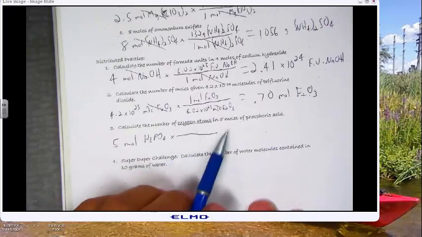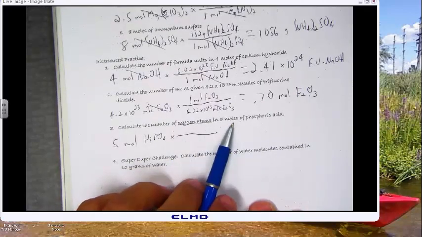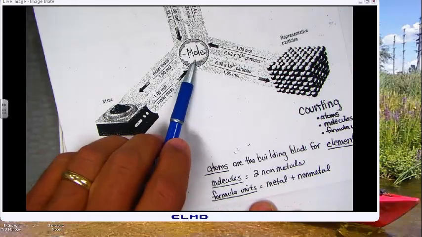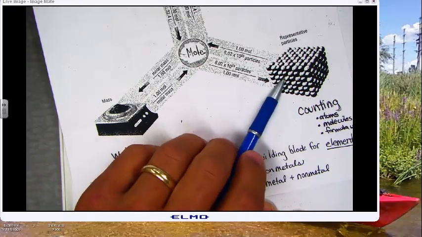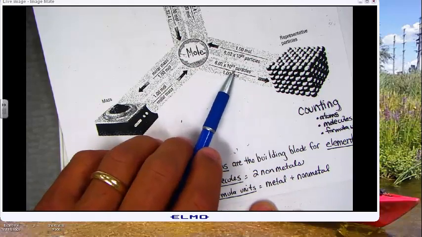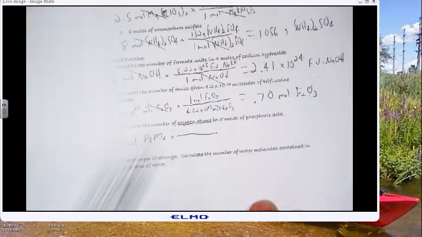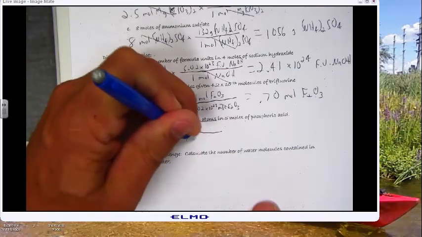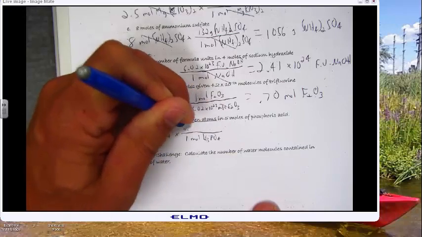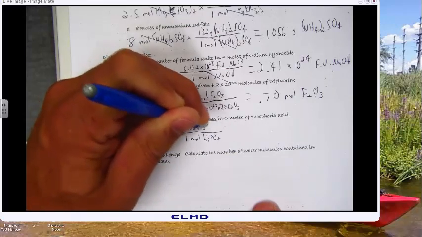I'm trying to get from moles to atoms. Here's moles and here are atoms. So I know I'm going to be putting 6.02 times 10 to the 23rd particles on top and 1 mole H3PO4 on the bottom.